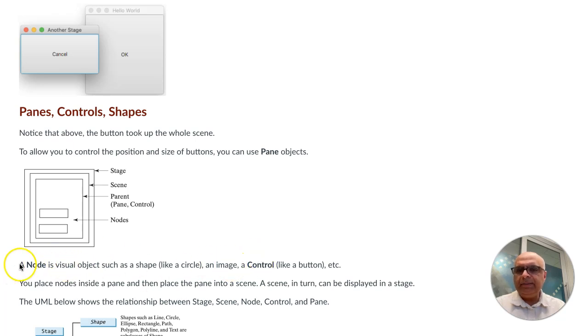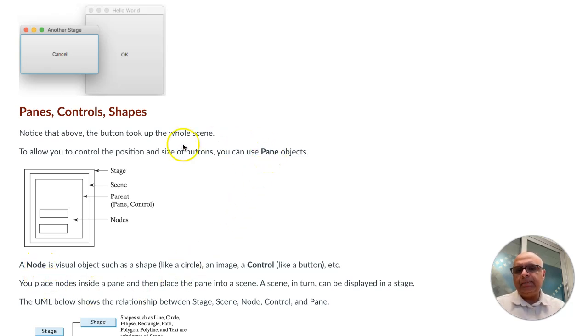These are all the visual elements, and you put them inside a pane. And then you put the pane inside the scene, and then the scene in turn is displayed on the stage. So we're getting a hierarchy of these things. At the most basic level, you have elements like drawings and images and UI controls. These are called nodes. Those nodes are put in pane objects.